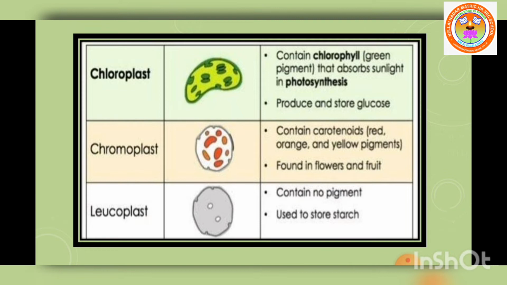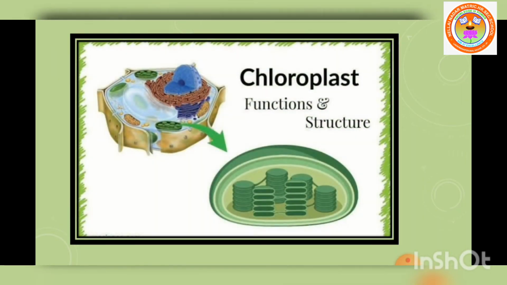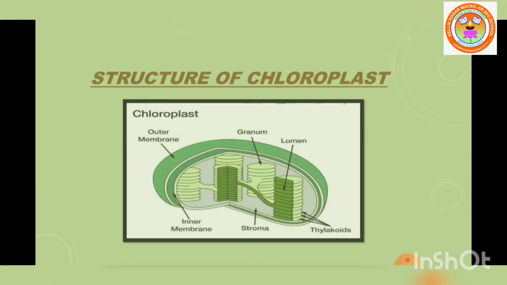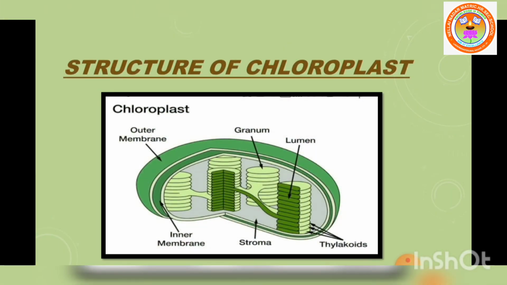Let me pass on to one type of plastid, chloroplast. So, the structure and function of chloroplast. Chloroplast is a green colored plastid containing the green pigment called chlorophyll.